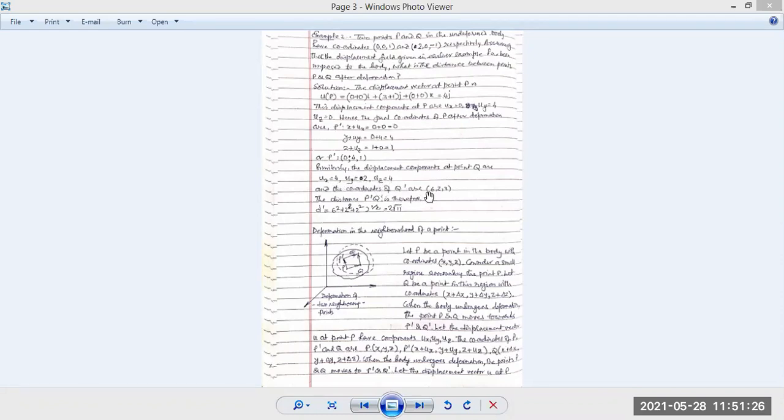If you add, it will become 4, 4, 3, and the length PQ is therefore square root of 6 square plus 2 square plus 2 square, which is equal to 2 into square root of 11.